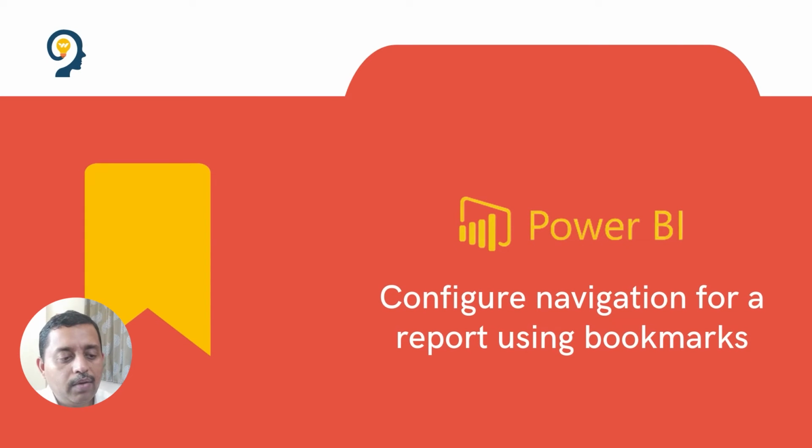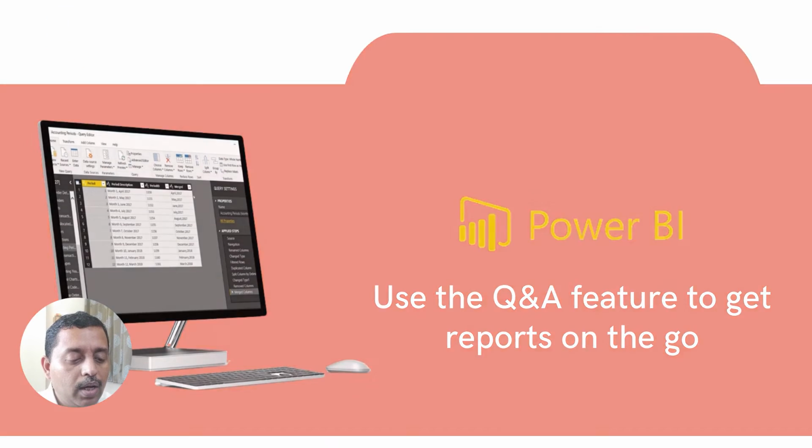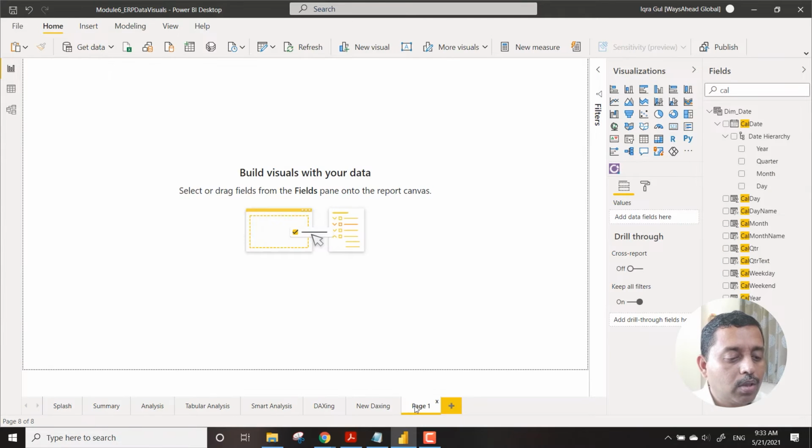So these are the things that we are going to see one by one in this. So very simple examples. So first let's try the Q&A. So we are in our report, and then what we do is we go back to this option called a single page, and here what we do is we simply say Q&A.